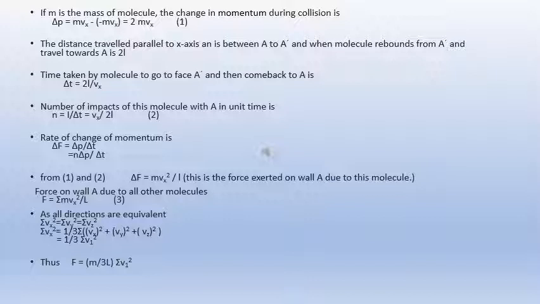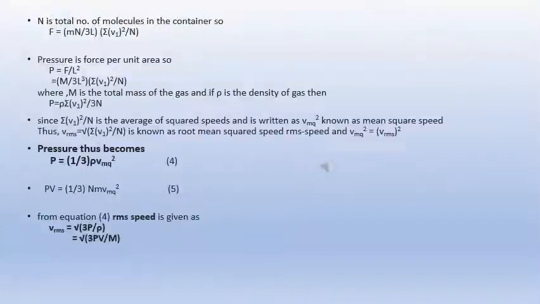So from here we get summation Vx square is equal to 1 by 3 summation V1 square. Substituting this in equation 3, we get F is equal to m upon 3L summation V1 square. Capital N is the total number of molecules in the container. The force and the pressure can be written as shown here.